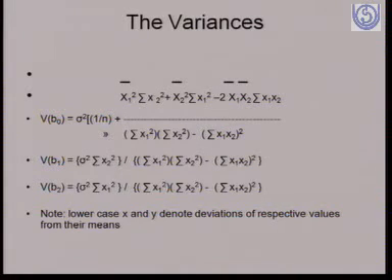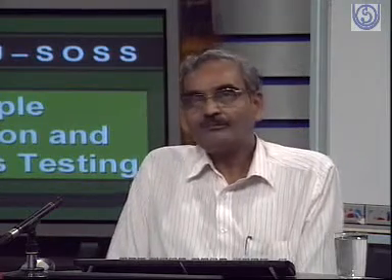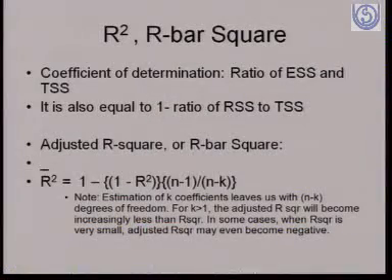These expressions are much more complicated than was the case with variances of b0 and b1 in the simple regression model. With the help of these very expressions for variance, we can calculate standard errors of these estimates. Those standard errors will be respective square roots only.